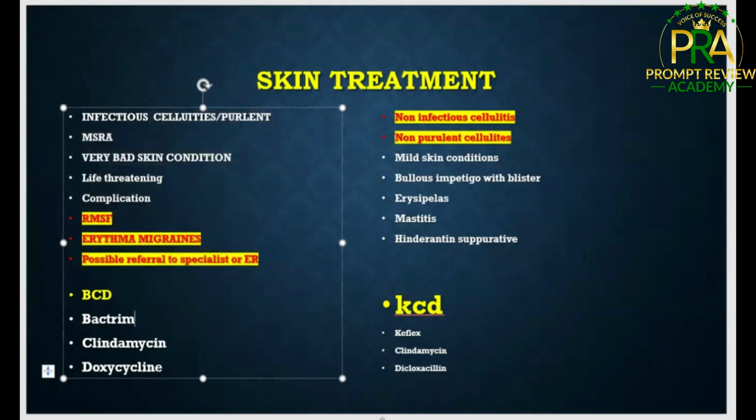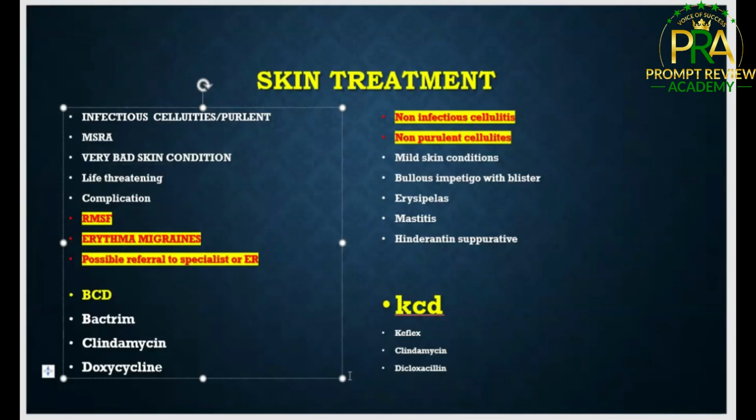For example, when we talked about Rocky Mountain spotted fever, you are worried that this patient might die from it. We said it. You are worried about organ involvement. When we talked about Lyme disease, you are worried about organ involvement.